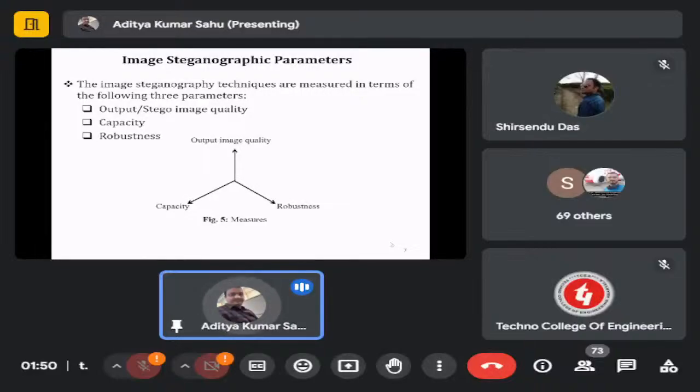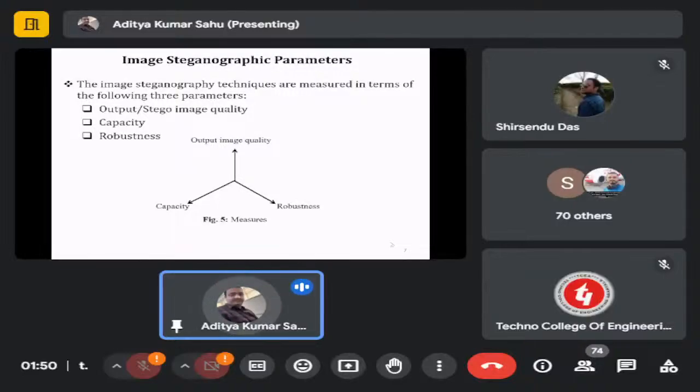Capacity is nothing but the amount of information an image can embed. The robustness. Robustness is similar to security. That means there is some attack during transmission, but how does the proposed embedding technique resist that attack? It's called robustness.